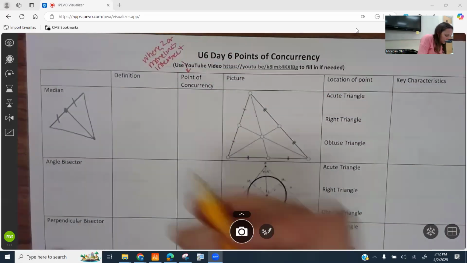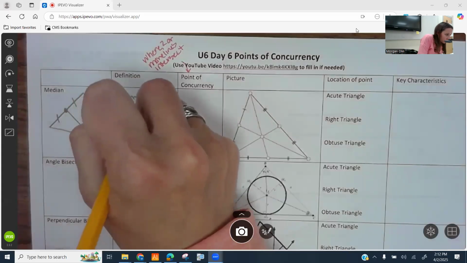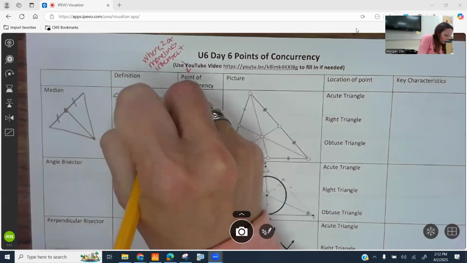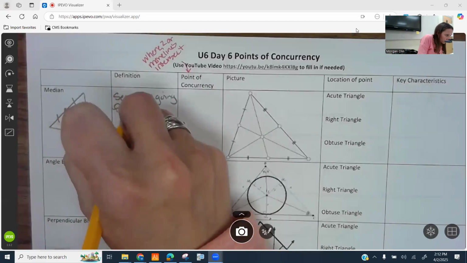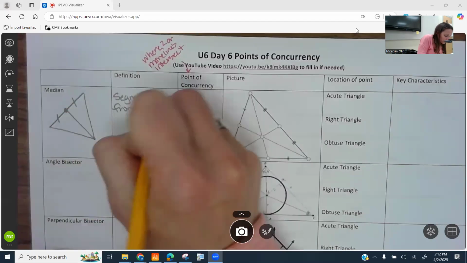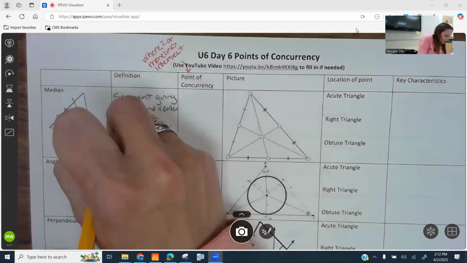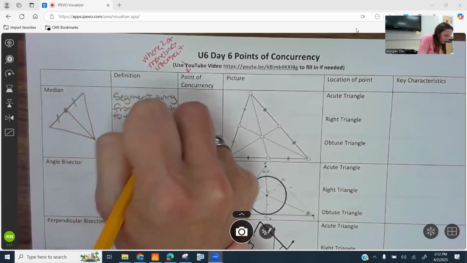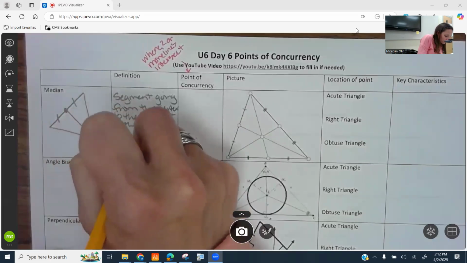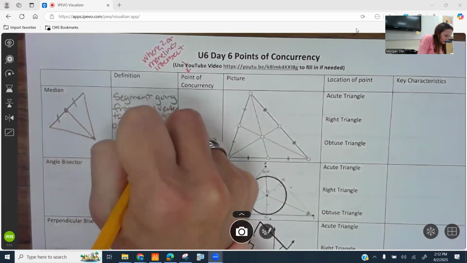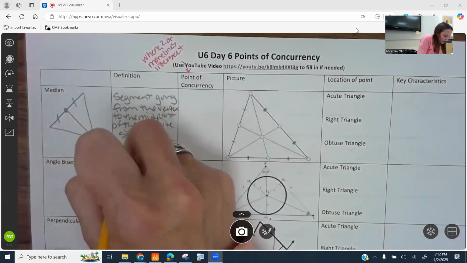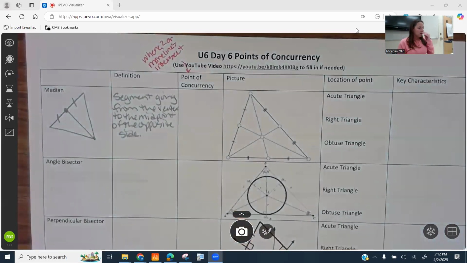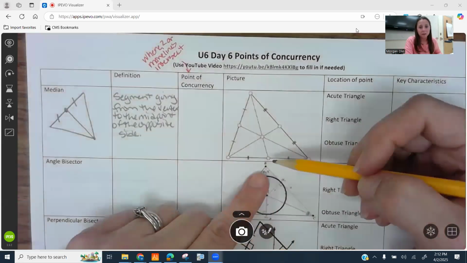So a definition for it: it's a segment going from the vertex to the midpoint of the opposite side.